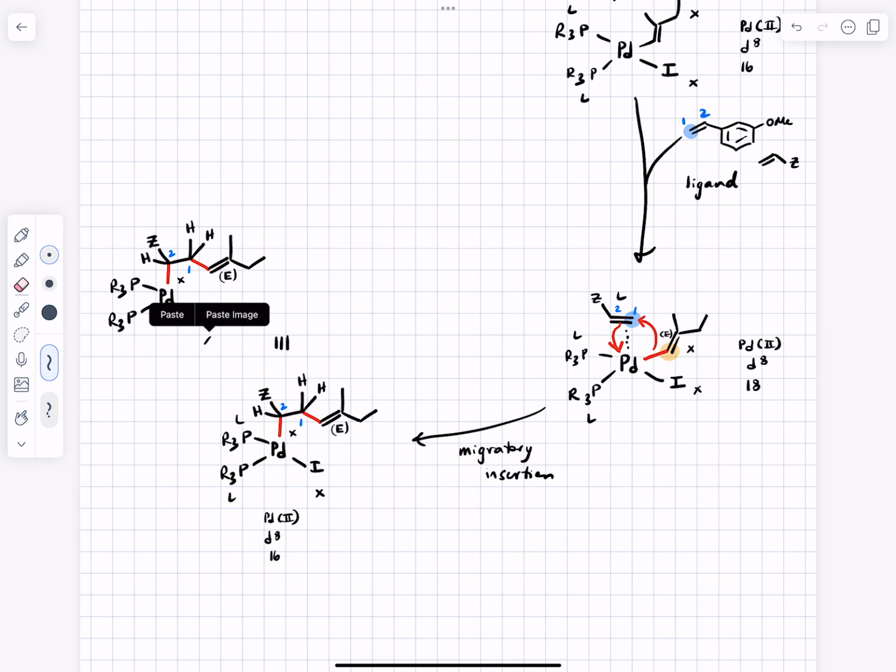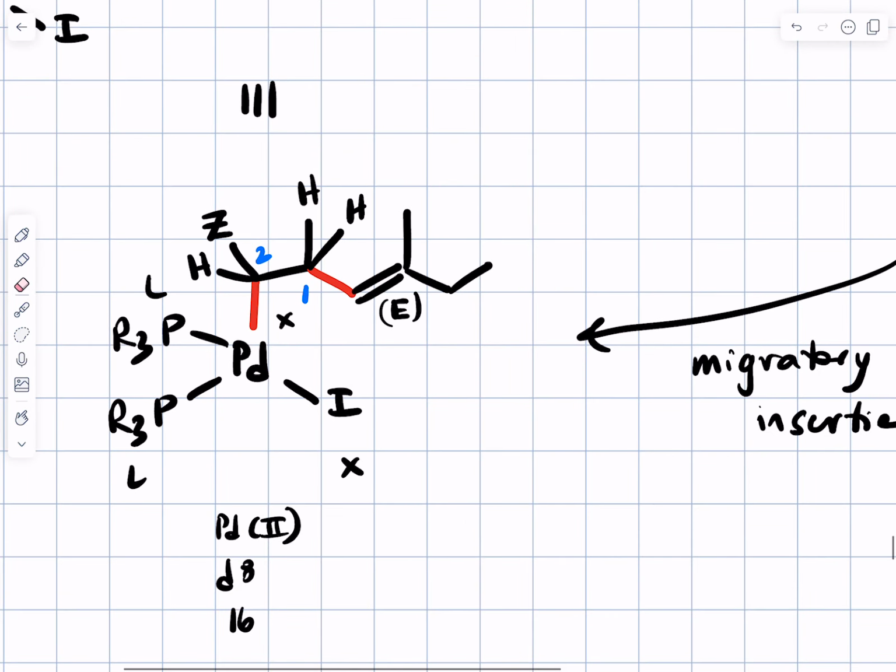For the next step to happen, we have to rotate around the bond between 1 and 2 such that one of these 2 CH bonds is coplanar with the carbon. One of these CH bonds on carbon 1 has to be coplanar, syn coplanar, with the bond between palladium and carbon. So if we rotate, and just for the sake of argument, it may be useful for us to just pick, let's let that CZ bond be a wedge and this CH bond be a dash.